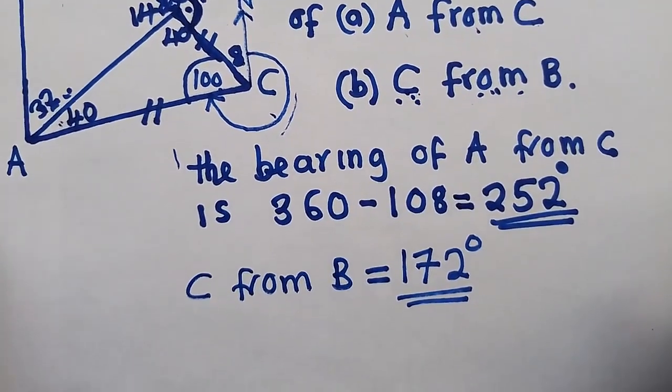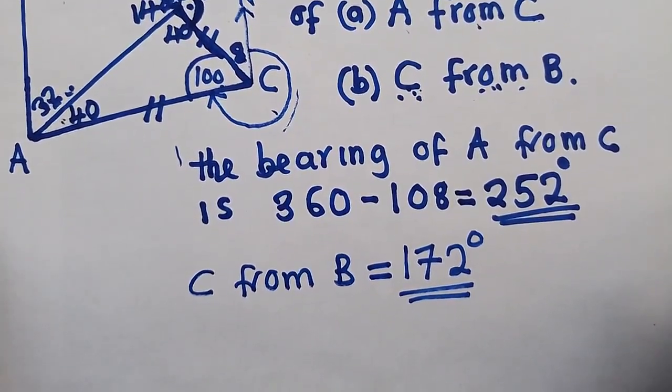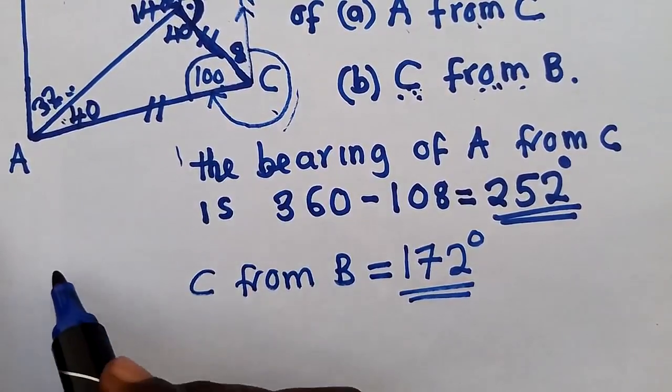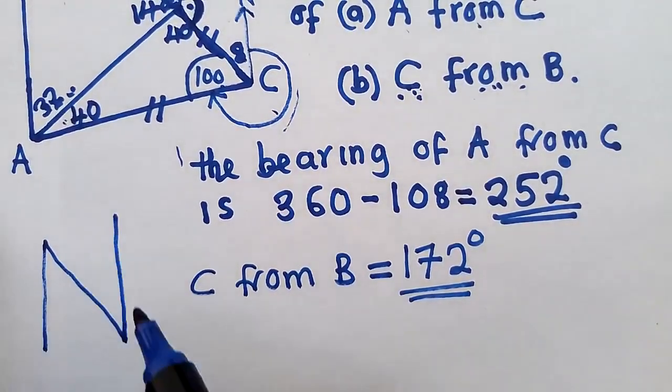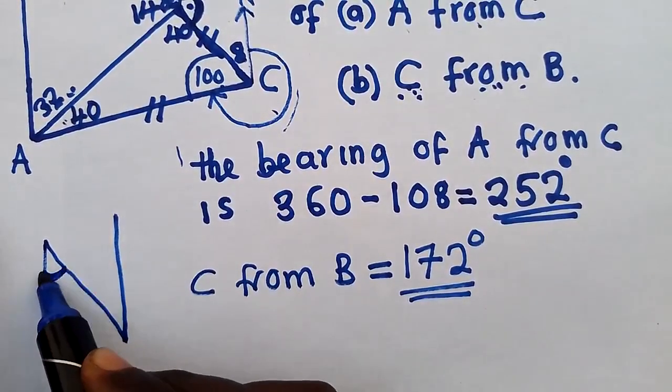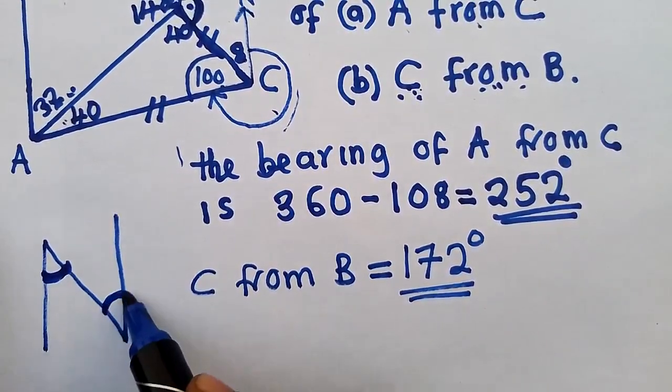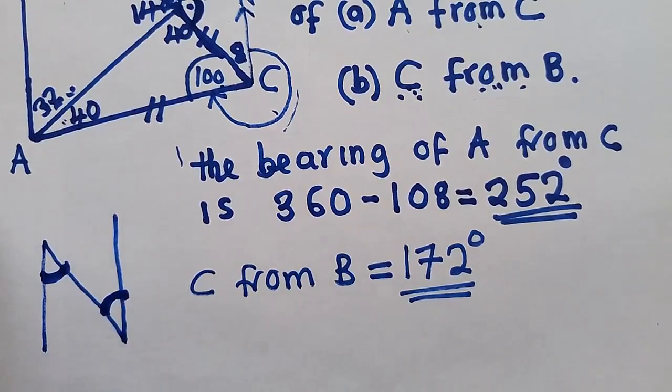The concept which I was using, just to highlight one or two things: if you are given something like this, if this is N, the angle which is there is equal to the angle which is there. If you are given a triangle, this is how they are going to confuse you.